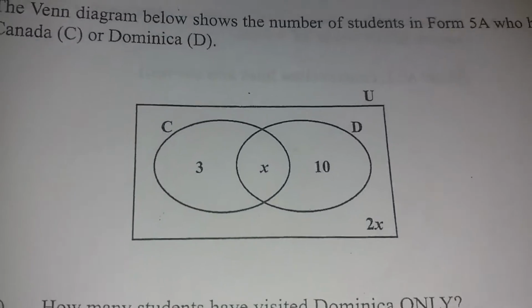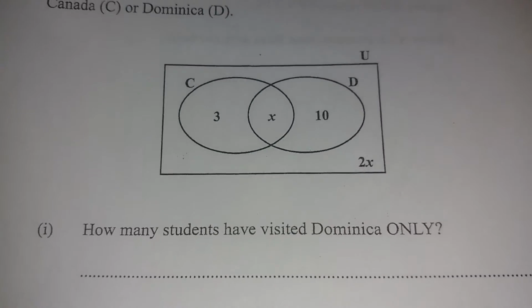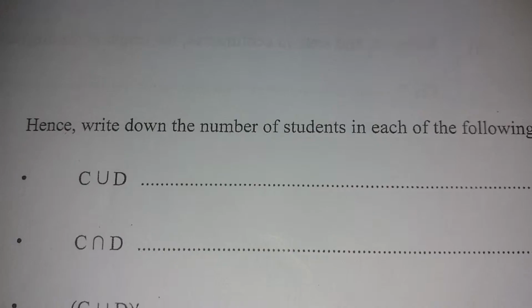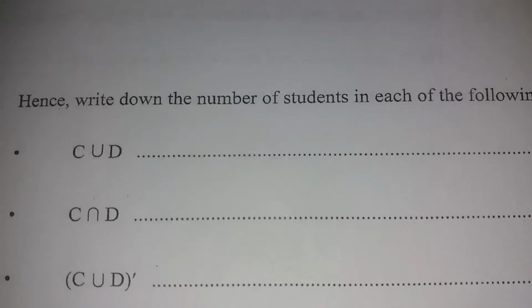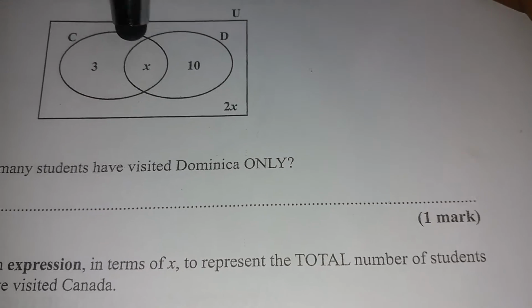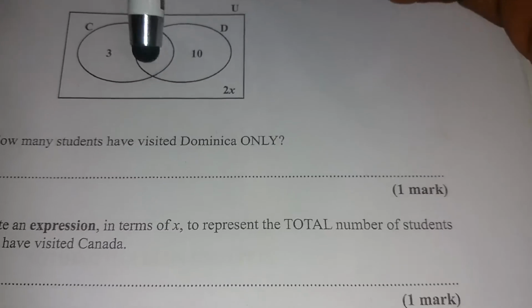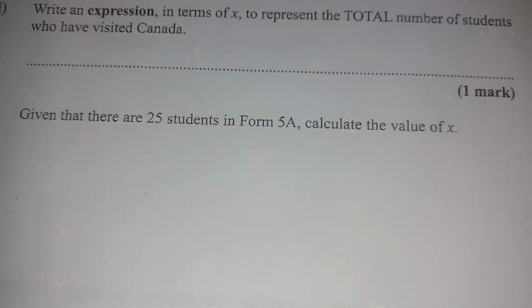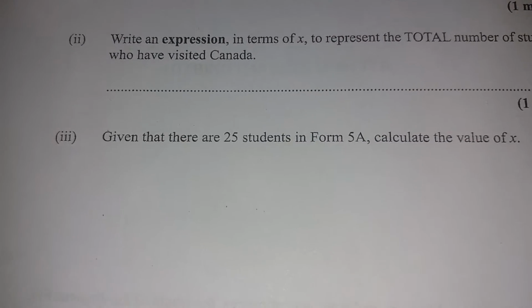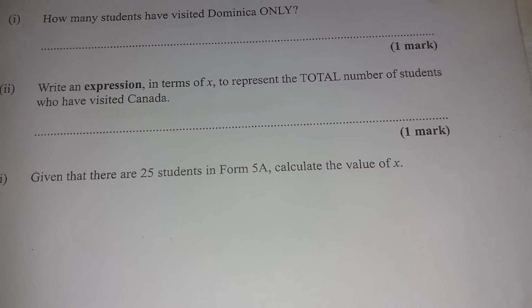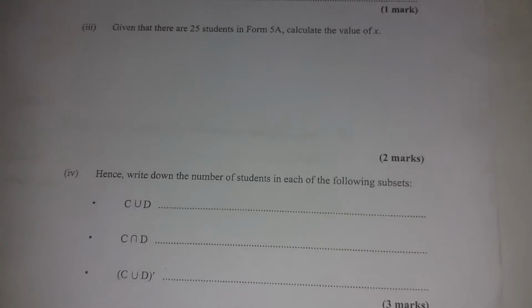C intersect D would simply be the students that visited both Canada and Dominica, which is what we had to find in part 3. So everything is linked. That is why it is so important to give a strong beginning, to have a strong ending.